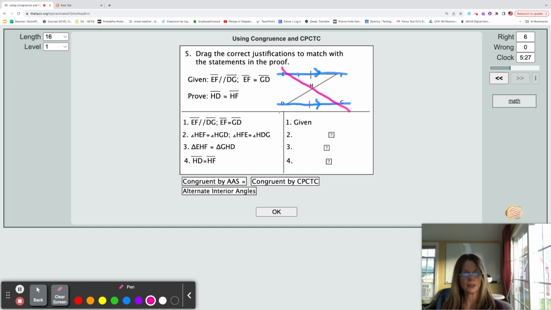And because of this transversal, we know from our earlier work that alternate interior angles are congruent. Similarly, on the other side, that transversal would force these angles to be congruent. And finally, we know that there are also a pair of vertical angles that are congruent. So there's a lot of directions we can travel in this proof. Let's see where the author is taking us.